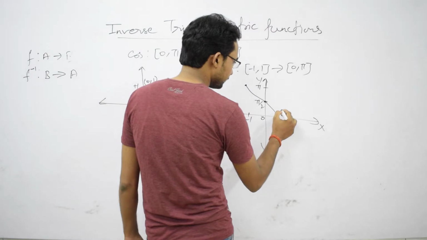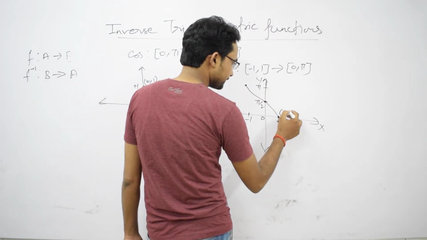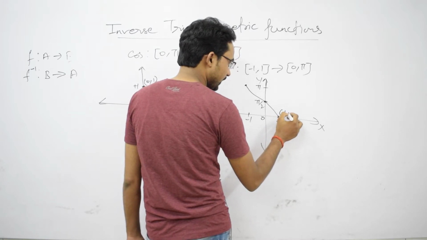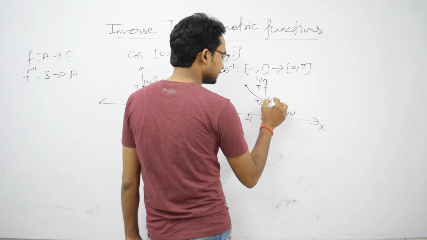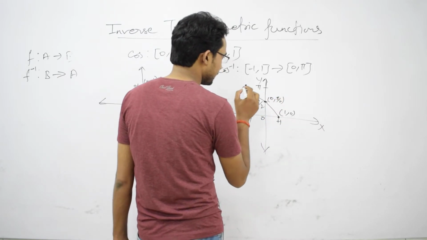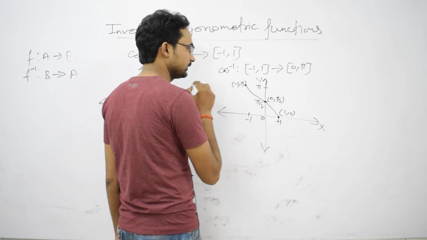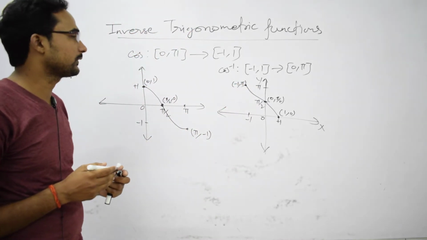Okay. So, the coordinate of the end point is x is 1 and y is 0, and here x is 0 and y is pi by 2, and here x is minus 1 and y is pi. Okay. So, this is the graph of cos inverse.